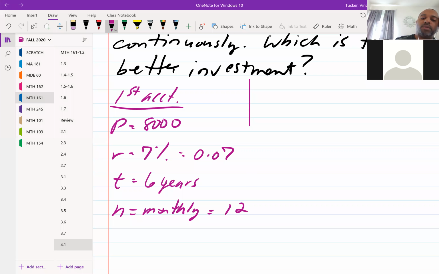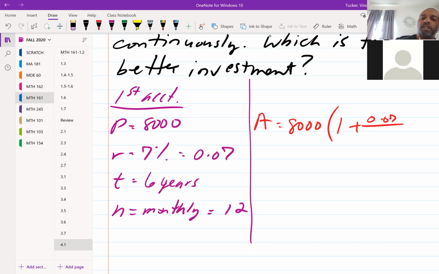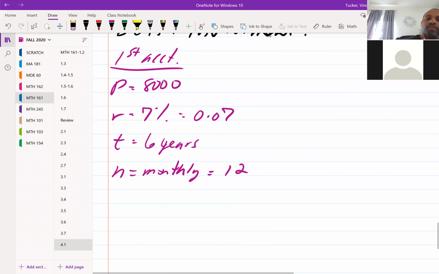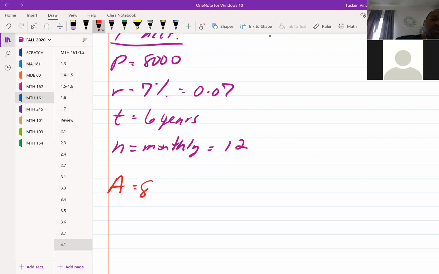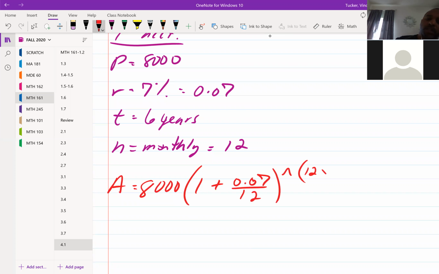And we should be able to plug it into the formula now. So it's going to be 8,000 times 1 plus 0.07 divided by 12, raised to the n, which is 12 times 6.